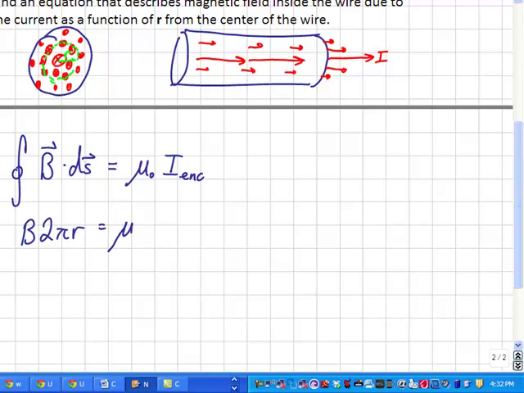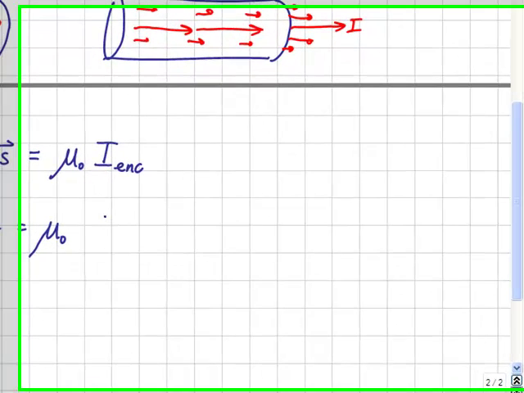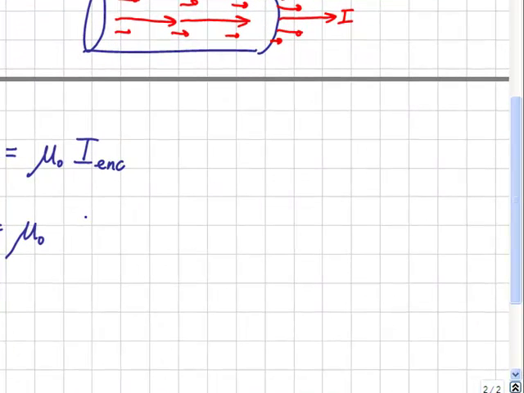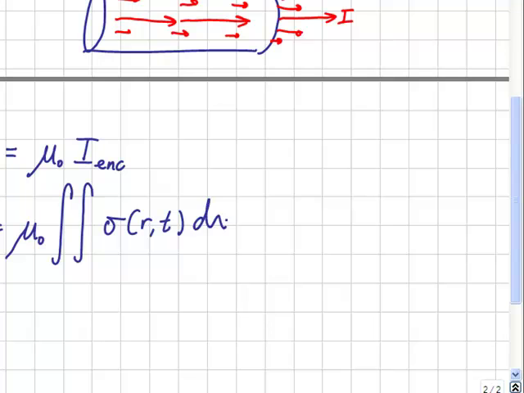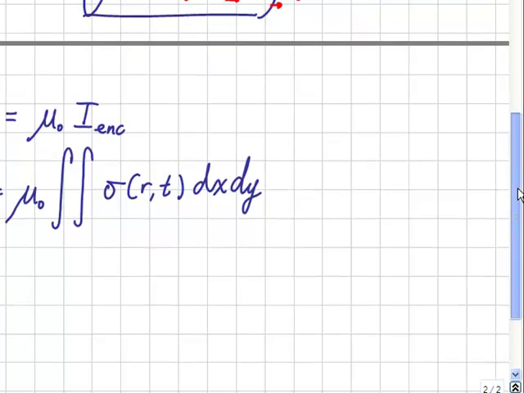And then the issue we're going to have is we need to figure out how much of the total current is inside that Amperian loop. And to do that, we're going to have to integrate the current density, which is a function of r and t, over the area, in Cartesian coordinates over in the x and in the y direction.